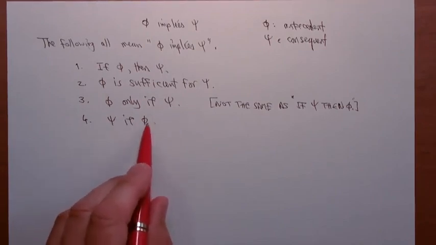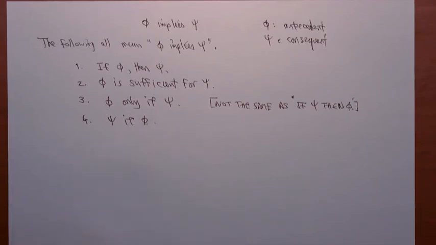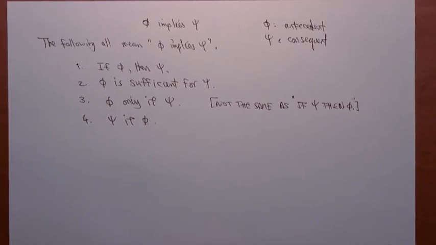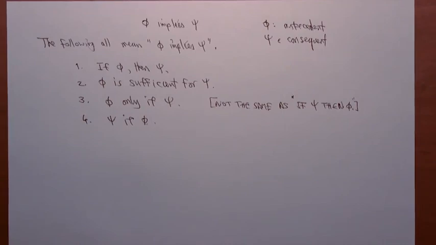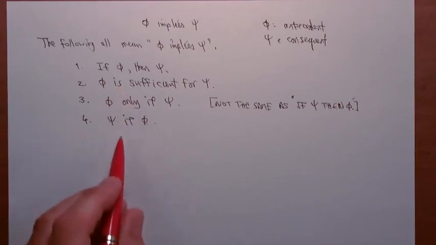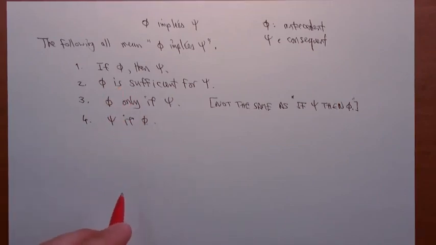Psi if phi. If, like me, you're a cyclist, you can think about that in terms of owning a bike and riding in the Tour de France, or use your own favourite example. Think of something that you do that requires some equipment or some preparation, and just interpret these things in terms of something that's meaningful in your life. And that should help you to sort these out.